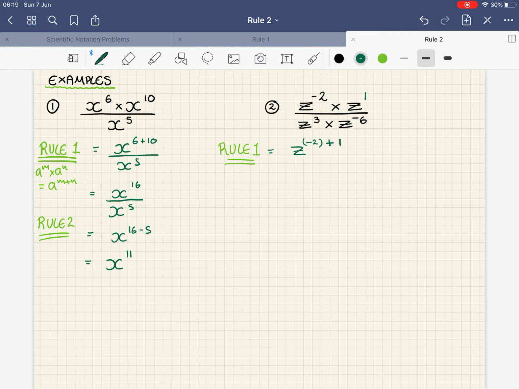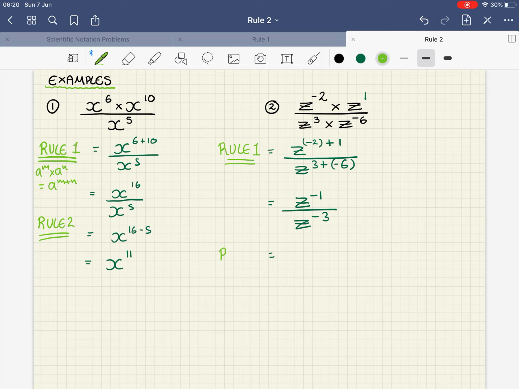So z to the power of negative 2 plus 1 over z to the power of 3 plus negative 6. So neatening that up, negative 2 plus 1 is negative 1. And then 3 take away 6 is going to be negative 3.